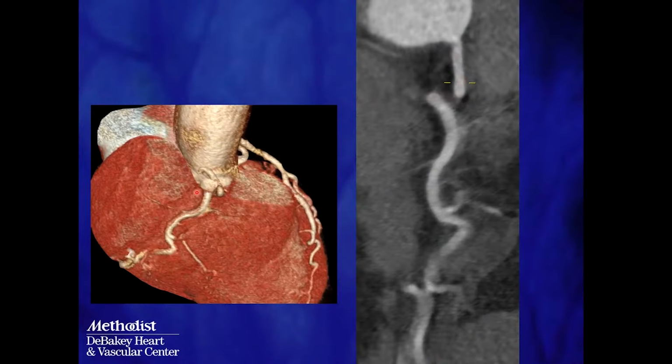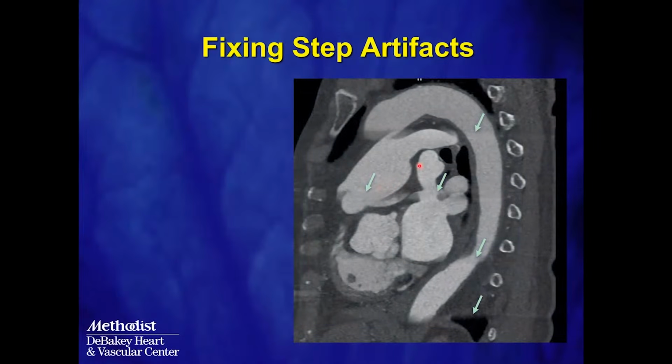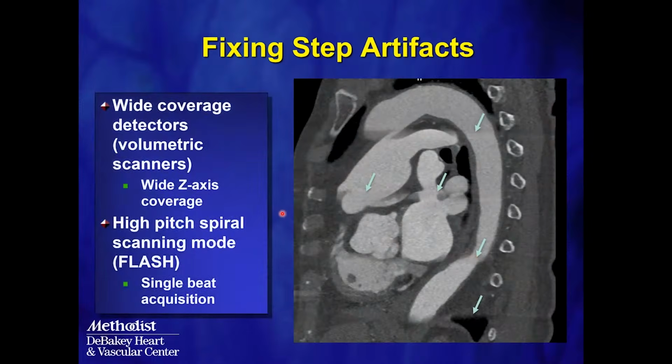It appears that the proximal and mid artery, whenever they were registered, were not aligned. So you have this misalignment, misregistration or step artifact, typically seen in prospectively gated images. Whenever you see those step artifacts, and you can see multiple ladder step artifacts in this case, one of the solutions that eliminates this problem is using wide coverage detectors, or what we call volumetric scanners.